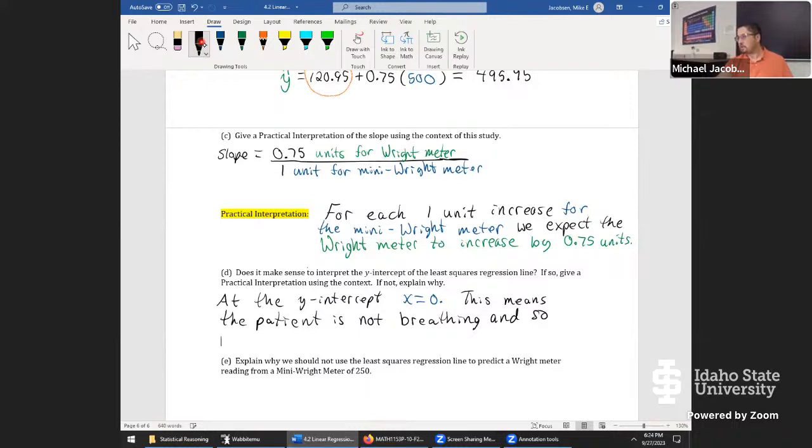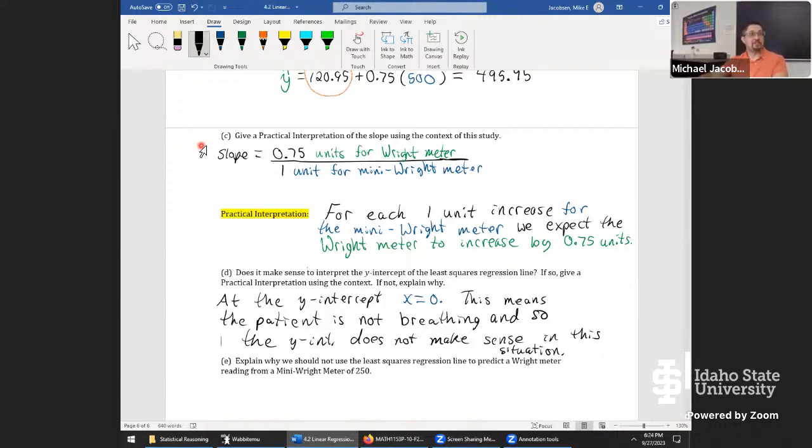And so the y-intercept does not make sense in this situation. So that's 2 interpretations down.